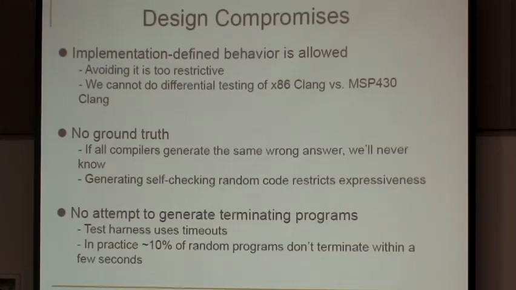The second compromise we made is there's no ground truth in the random code. It means we don't know which variables ought to be which value at the end of execution. There's no self-checking in the code. We just compare the results from different compilers.